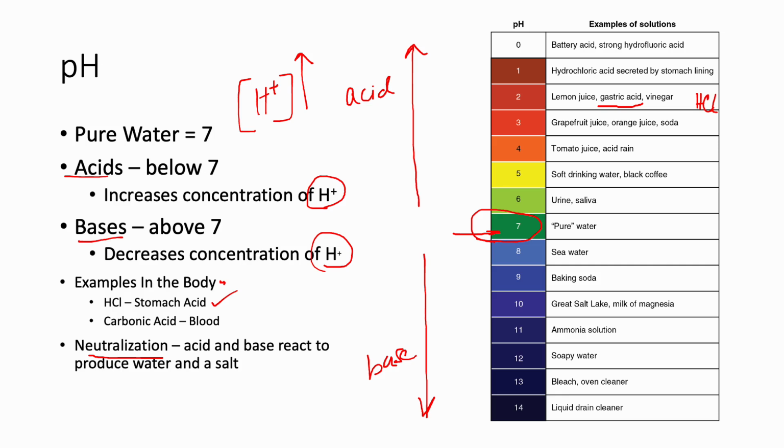Is the concentration stronger in a lower pH or in a higher pH? Yes, the hydrogen ion concentration is greater at a lower pH, right? pH is the negative logarithm of the hydrogen ion concentration. So the higher the concentration of hydrogen ion, the lower the pH value.